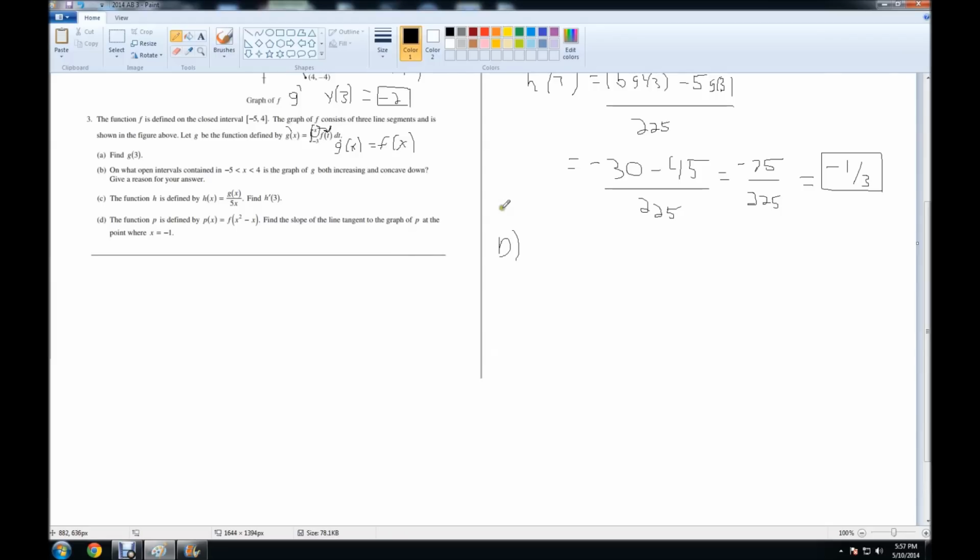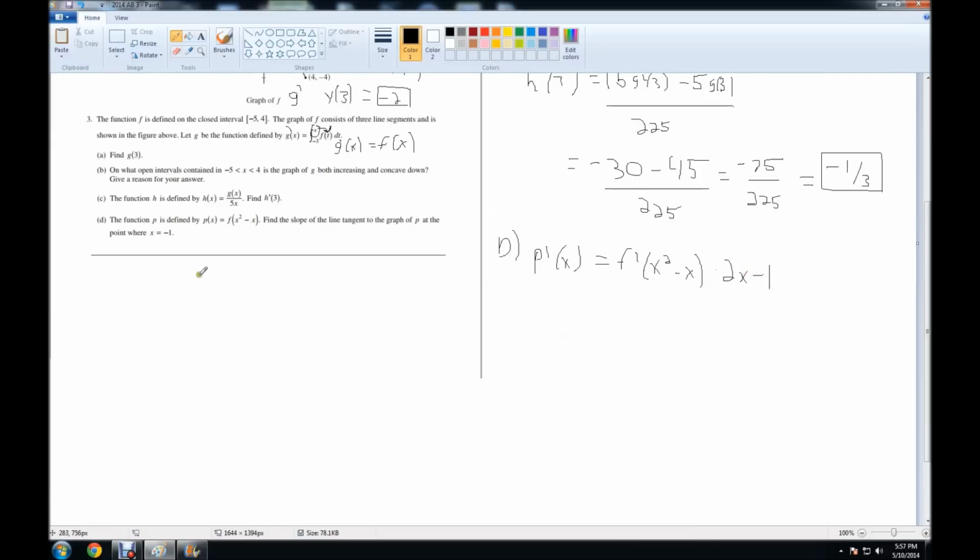So let's take the derivative of p of x. So p prime of x is equal to f prime of x squared minus x, times the chain rule, which would be the derivative of what's inside, which is 2x minus 1.